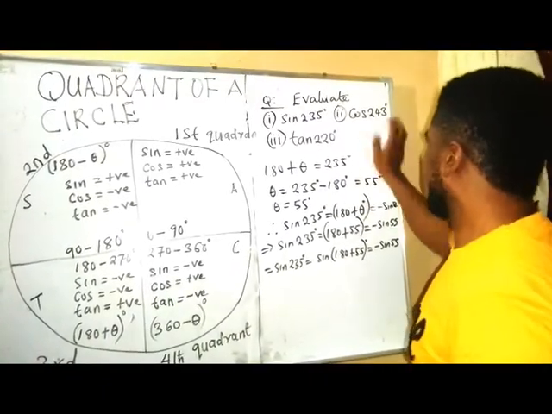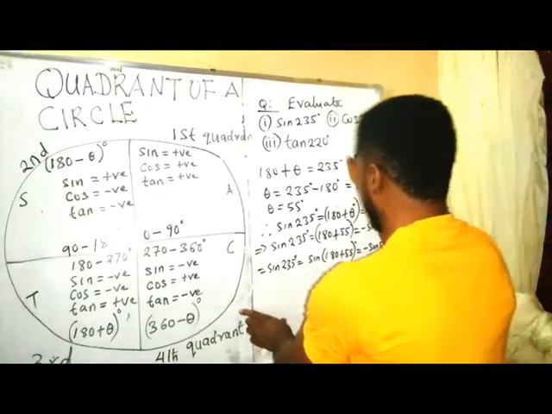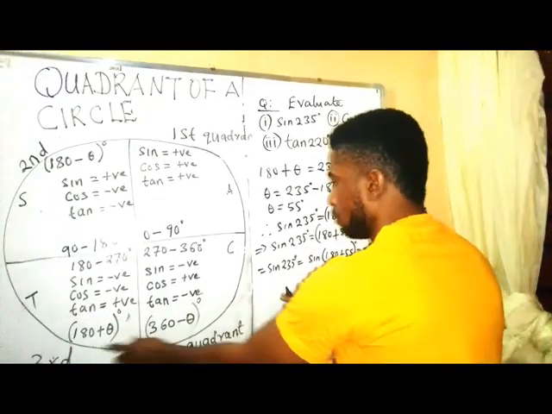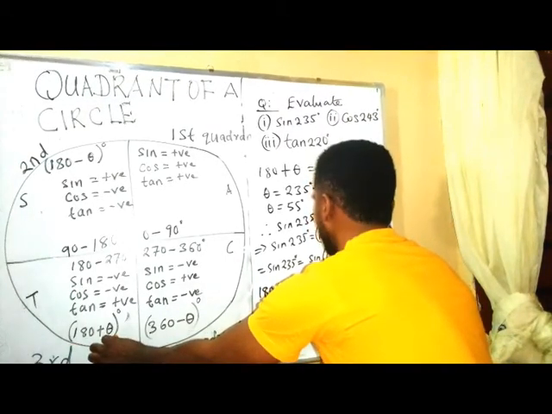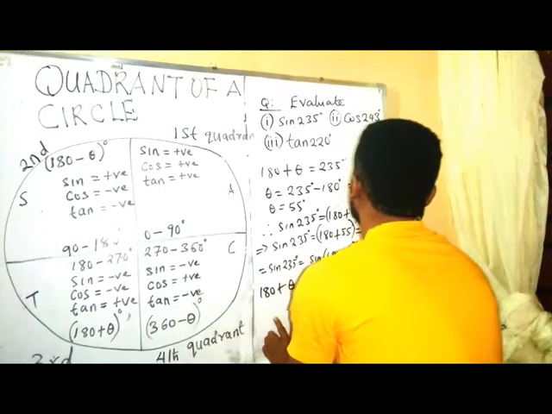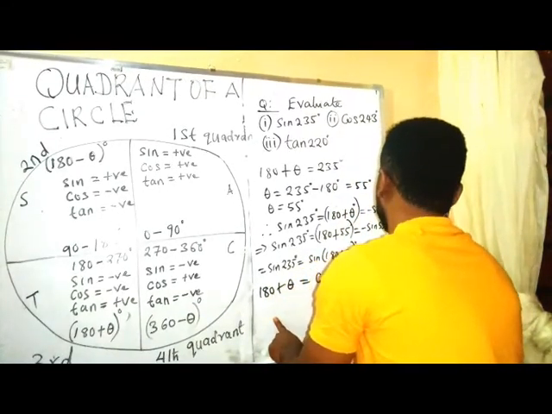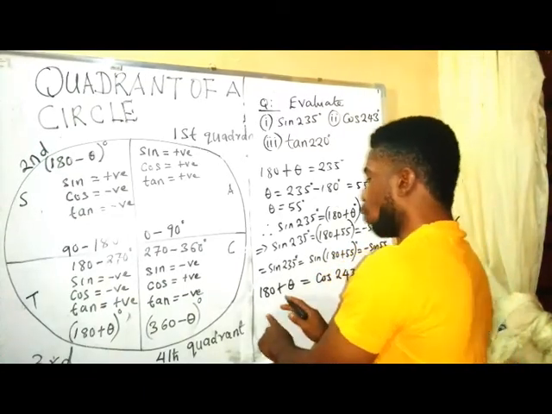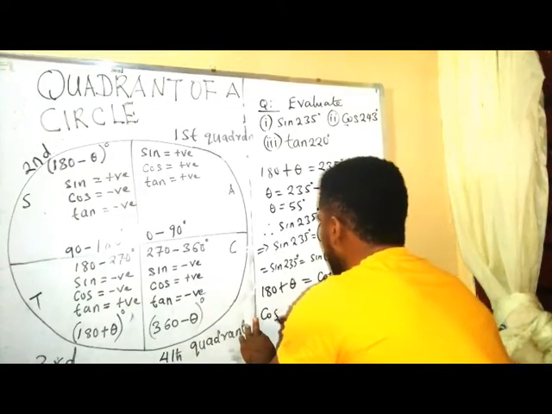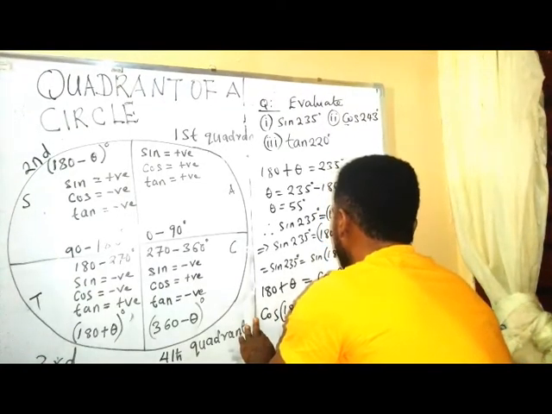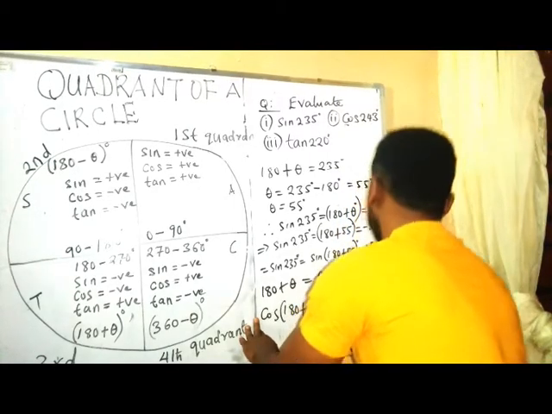So I will say 180 plus what angle will give me cos 243.